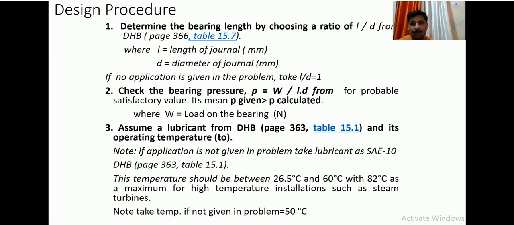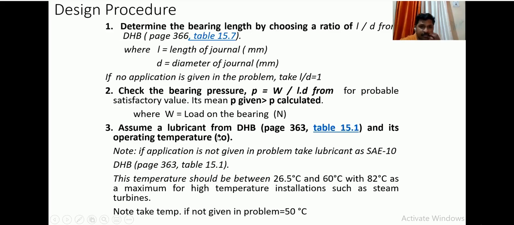For that, we take the load in Newton and L and D in mm. So Newton per mm square is equal to megapascal.